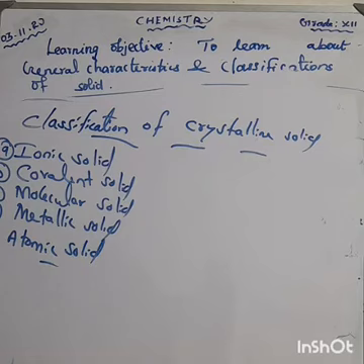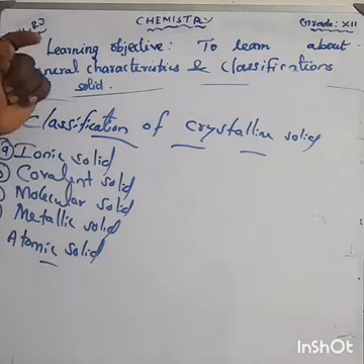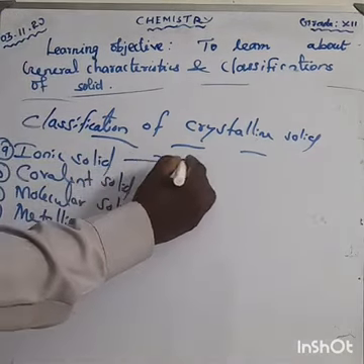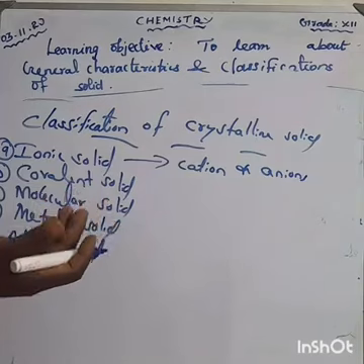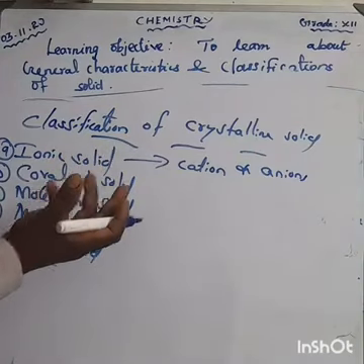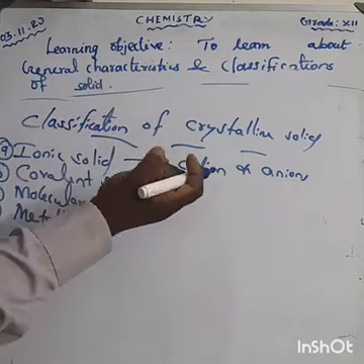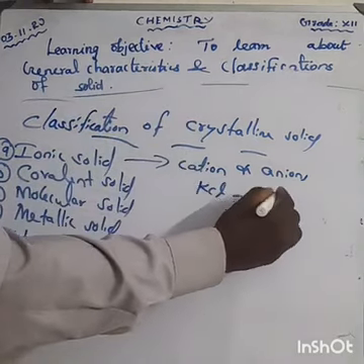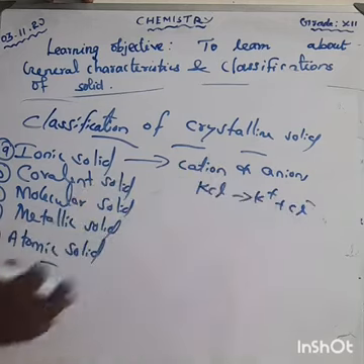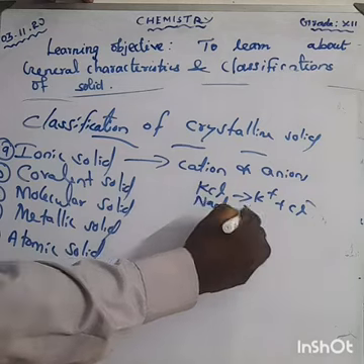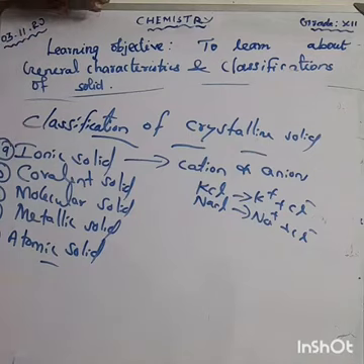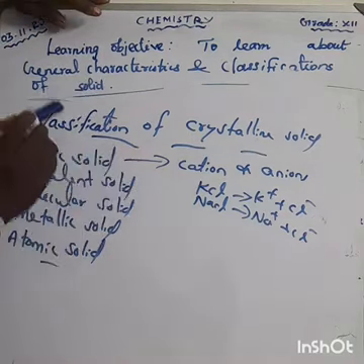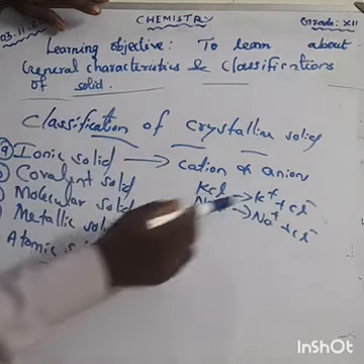Next, what is an ionic solid? The structural units of ionic solids are cations and anions. Examples are sodium chloride and potassium chloride. Potassium chloride means K plus and Cl minus. Sodium chloride means Na plus and Cl minus. These are all ions, so you can say ionic solid.